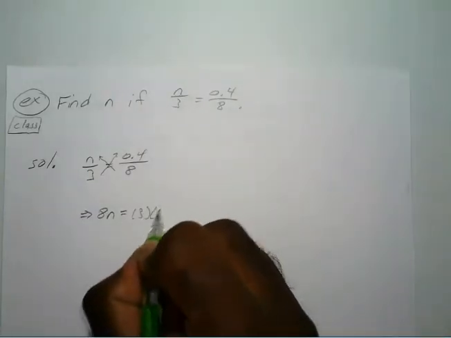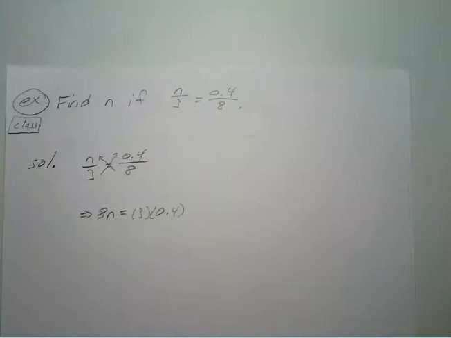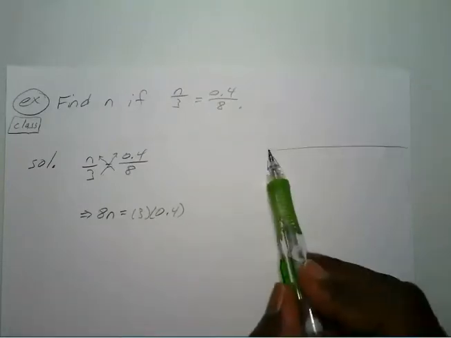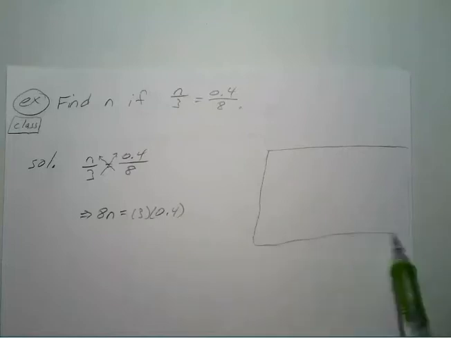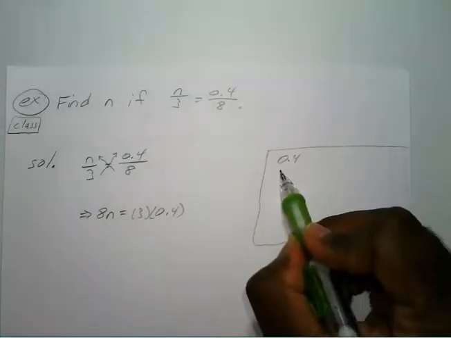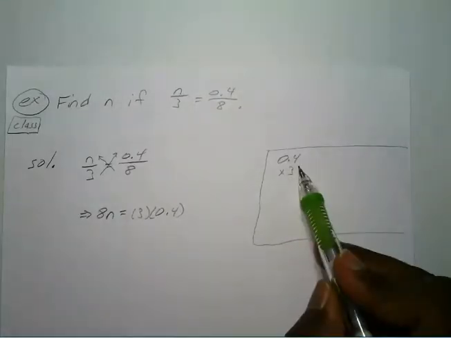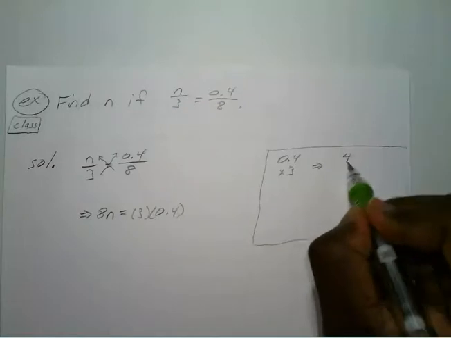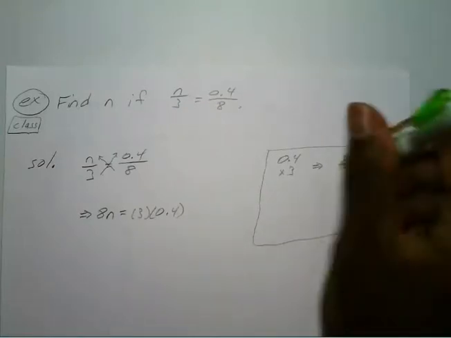We're going to solve that one right on the side here. So 0.4 times 3. We temporarily remove all decimal points, which is just 4 times 3.